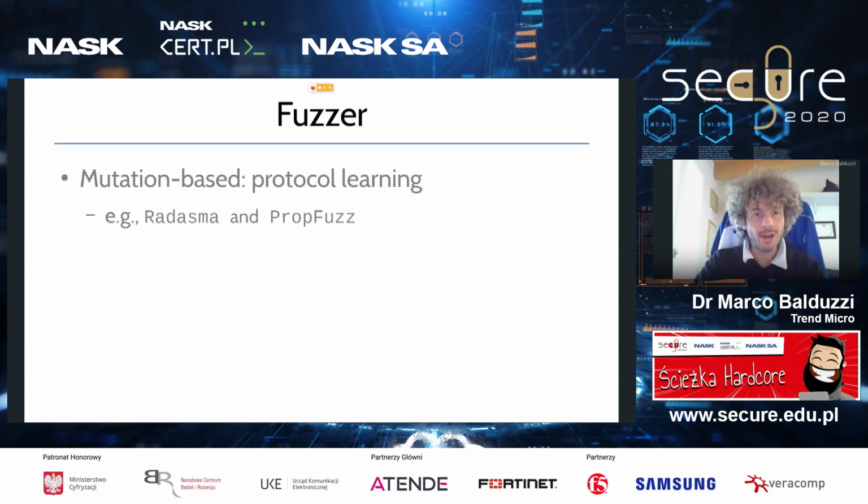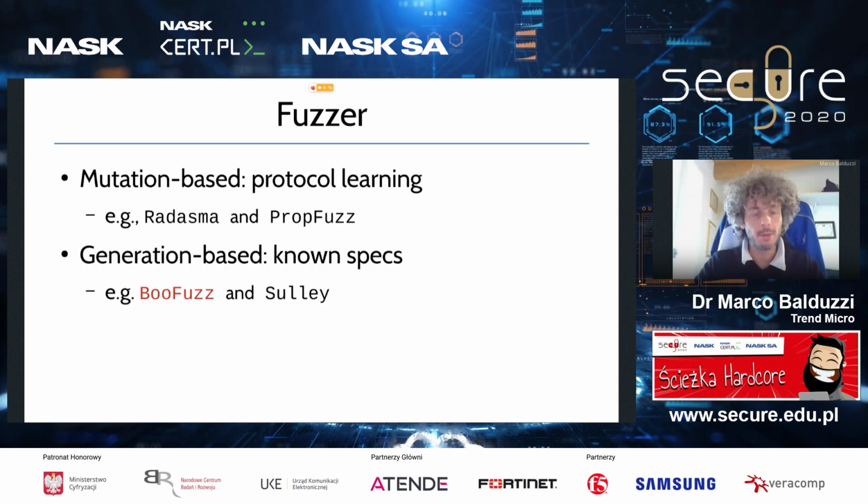So let's look briefly at the fuzzer. I'm not going into much detail here because we don't have time, but there are 2 macro categories of fuzzers online: those that are mutation based, which have the ability to learn about a protocol if the protocol is unknown, for example if you want to fuzz a proprietary protocol, and those that are generation based, which work well if you know the specification of a protocol, which was our case because Modbus has a known specification.